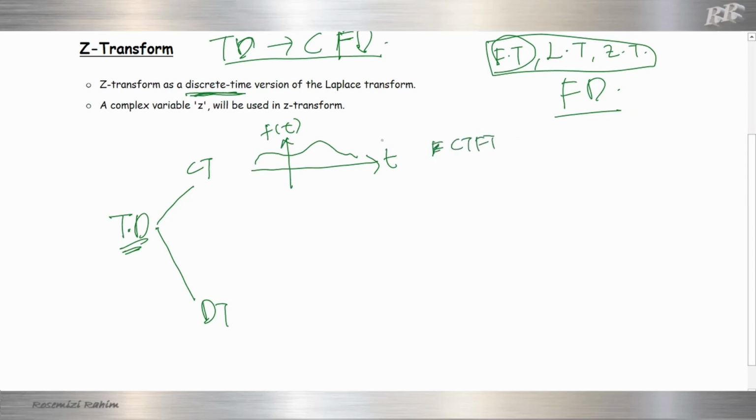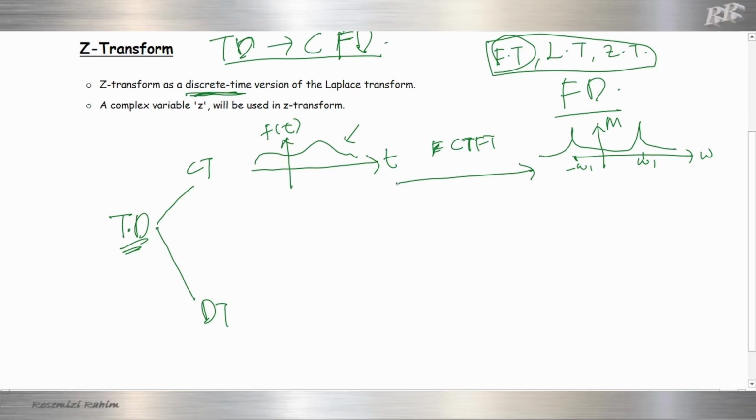It will convert from continuous time to the frequency domain. This one is the frequency domain, so omega is the frequency, and this is the magnitude. So it will convert this type of time signal to the frequency domain, for example like this, from minus omega 1 to omega 1. This one uses the continuous time Fourier transform.